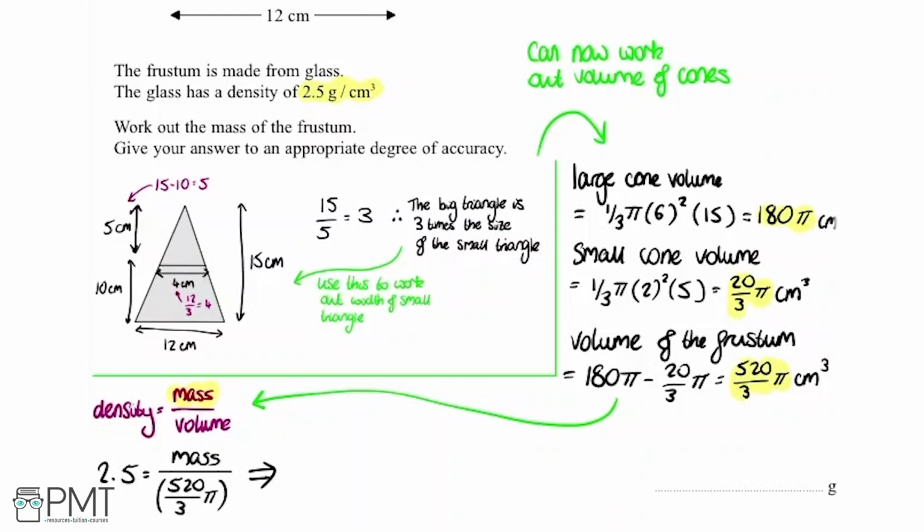If I multiply both sides by this, the mass equals 2.5 multiplied by 520 over 3 pi. Working that out in the calculator, we get 1361.36 to 2 decimal places, and that's grams in this case.